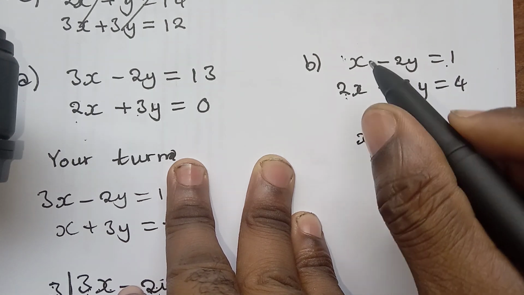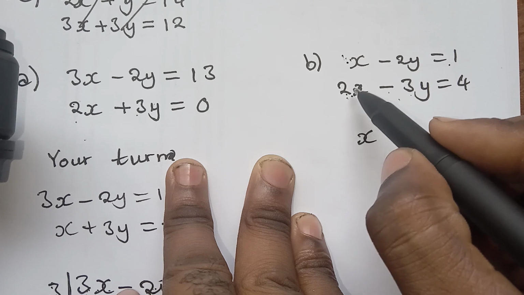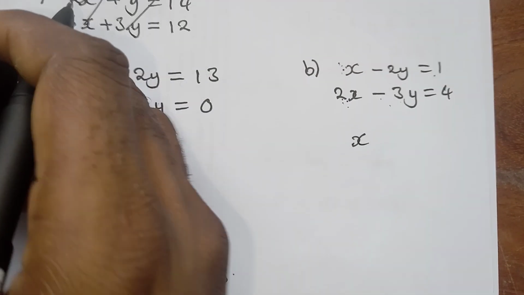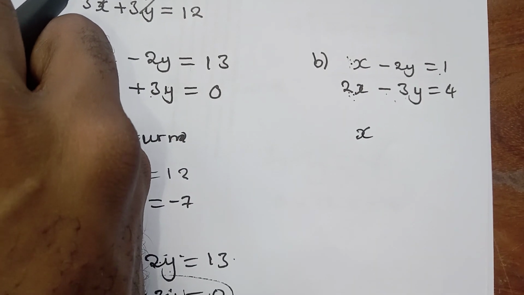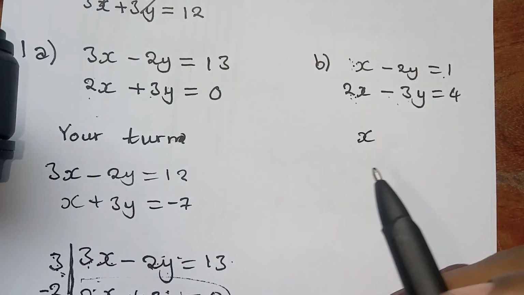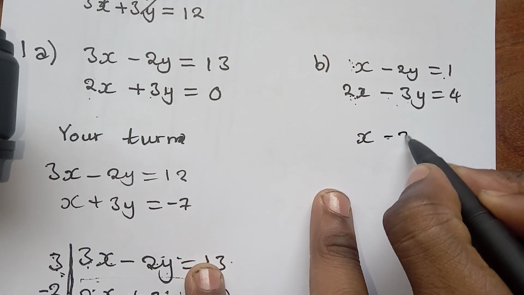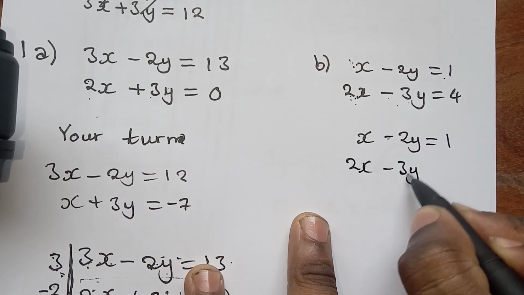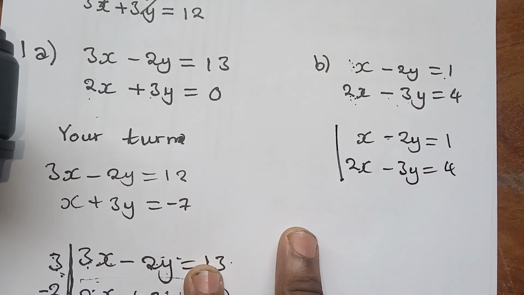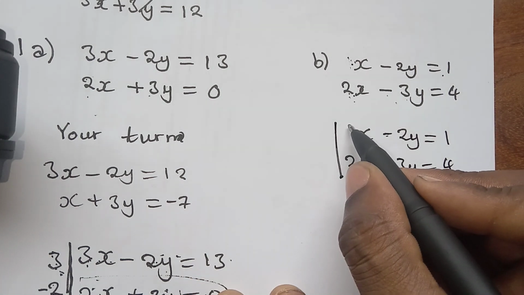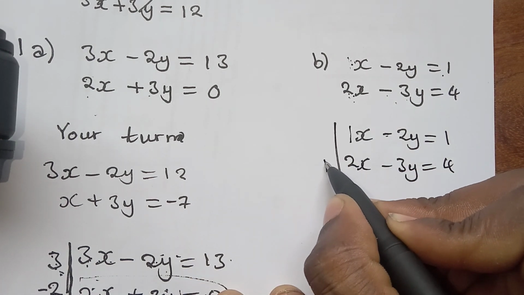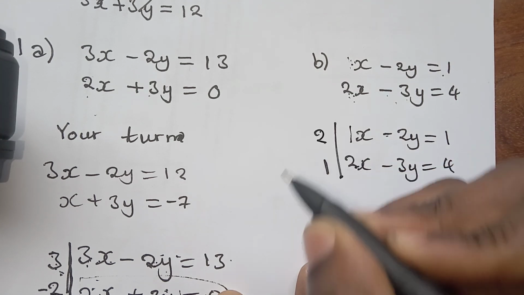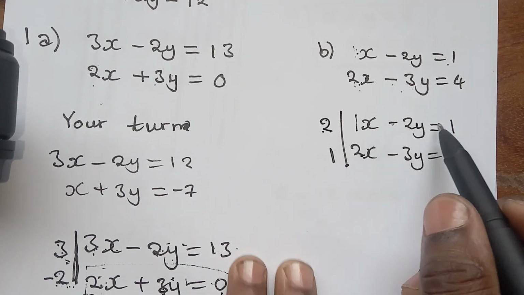As you can see, the coefficients of x are different and the coefficients of y are also different. So in order for you to eliminate your x, you can draw your line like this, then get the x coefficient, which is a 1, and write it here. And then the x coefficient there, which is a 2, write it there. And then you can expand.